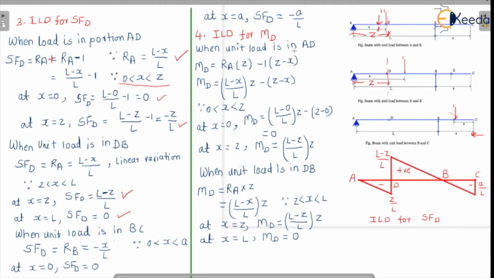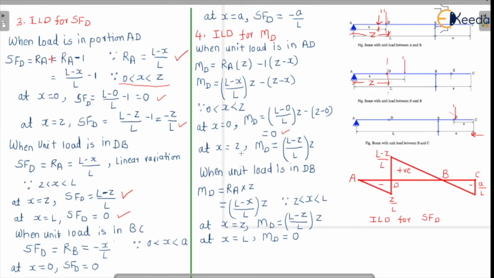Now when the unit load is in portion AD, then the moment at D, with the unit load in this portion, is nothing but RA into that particular length Z, minus 1 into this particular perpendicular distance, Z minus X. So substituting the RA value, we get L minus X by L into Z, minus Z minus X. And this X is varying between 0 to Z. When we substitute X equal to 0 in this equation, we get 0.